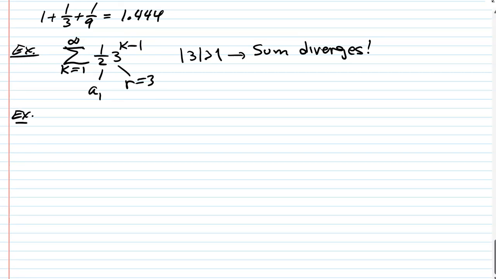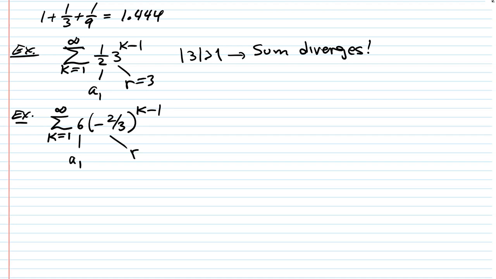Well, let's do another one. And this time, suppose I want to do the sum from 1 to infinity of 6 times negative 2/3 to the k minus 1. First term is 6. Common ratio is negative 2/3.